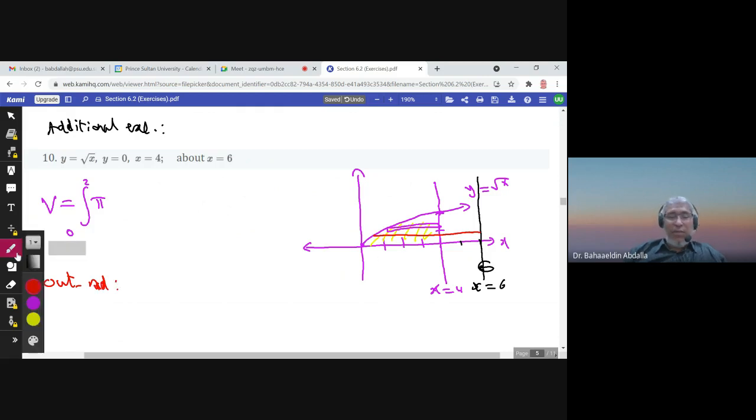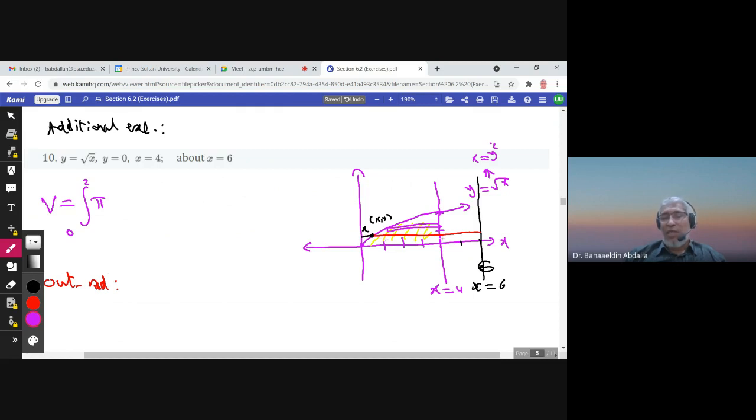Notice that this distance from here to here is x, because this point is a point on the curve with coordinates x and y. So it is x of the curve. So this is y equals the square root of x. If you solve it for x, it would be x equals y squared. So this distance is y squared.